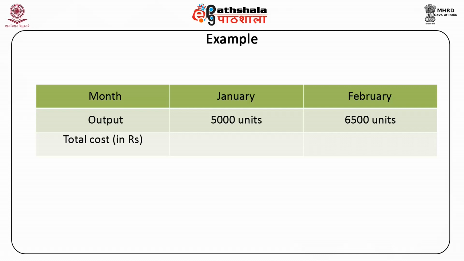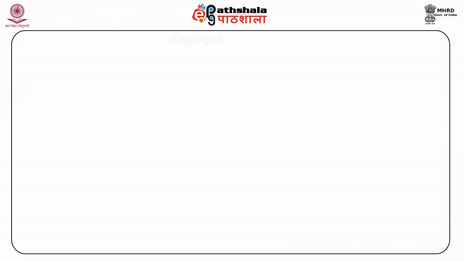The total cost is rupees 1,10,000 and rupees 1,25,000 respectively. We are required to find the fixed cost per month and variable cost per unit. Number of units is being increased by 1500 and cost is being increased by rupees 15,000.